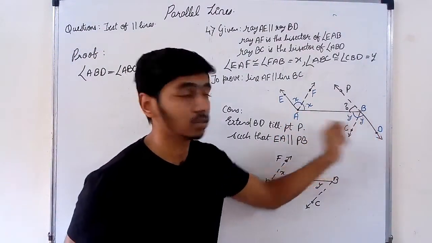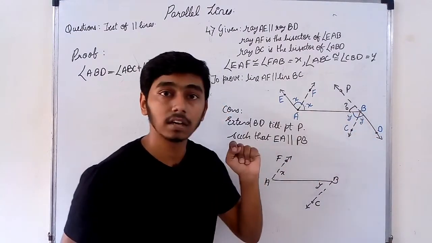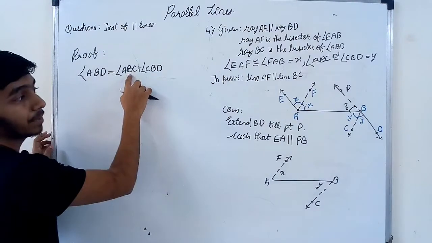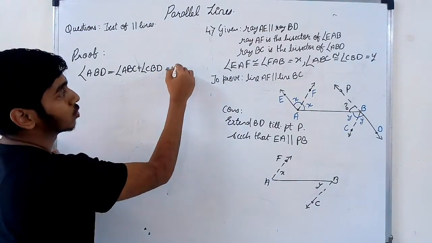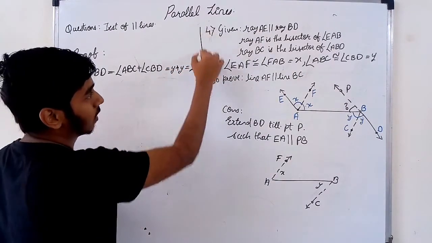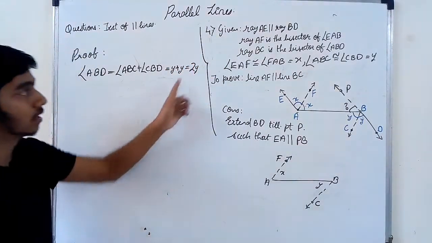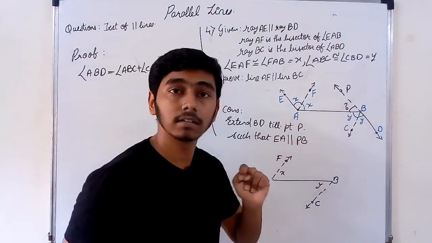And this ABC and CBD, they both are equal to Y. So Y plus Y equal to 2Y. So 2Y we have got for ABD.